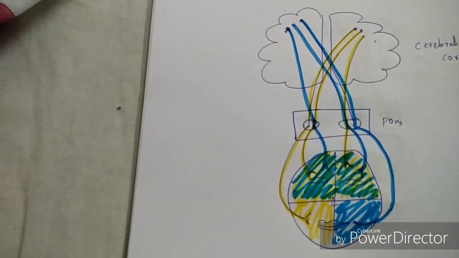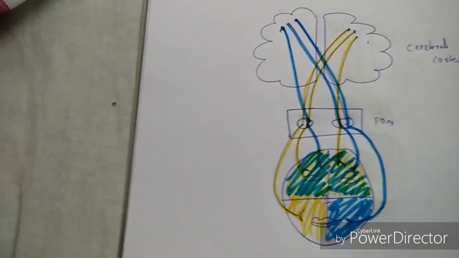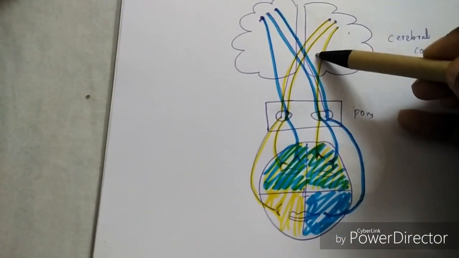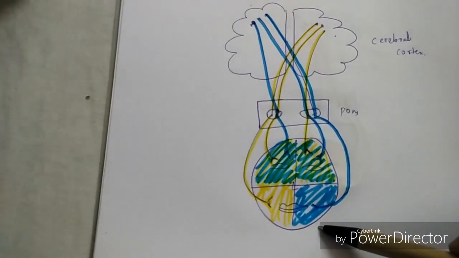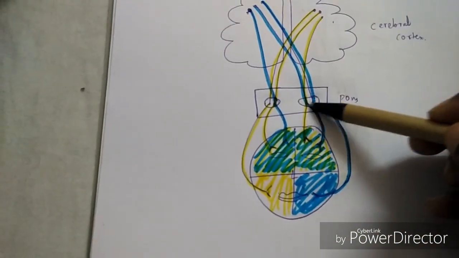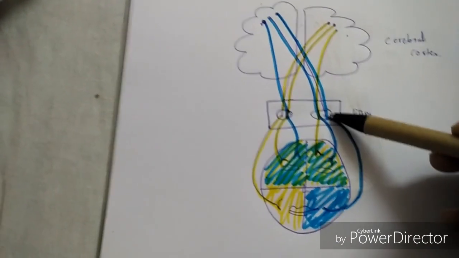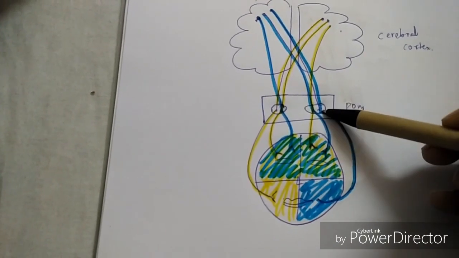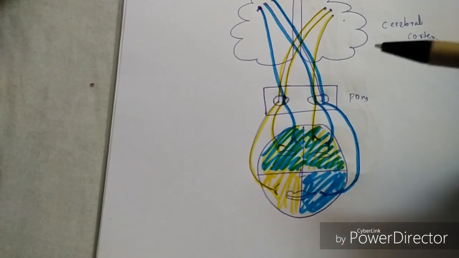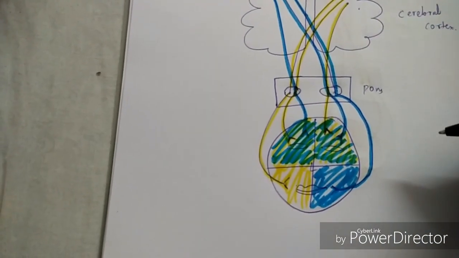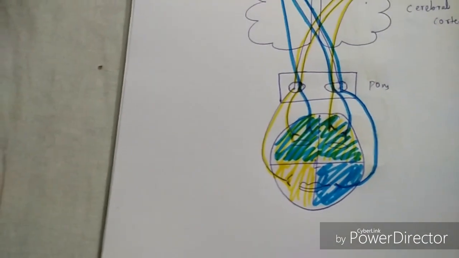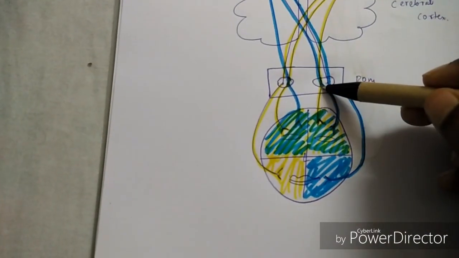Now you have to be very clear that these are the upper motor fibers. These 3 blue ones are the upper motor fibers and they supply 3/4. After they end in the facial nerve nuclei in the pons, they start as lower motor neurons, which is the actual facial nerve which comes out through the stylomastoid foramen behind the ear.